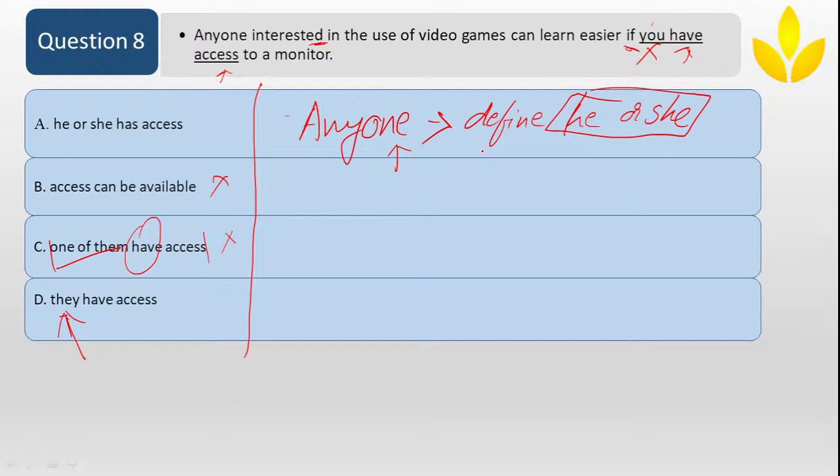So option A is the correct answer, he or she. For example, anyone cannot be defined with a gender, especially we cannot push it to them. So option A is correct because we are talking about singular person, anybody.